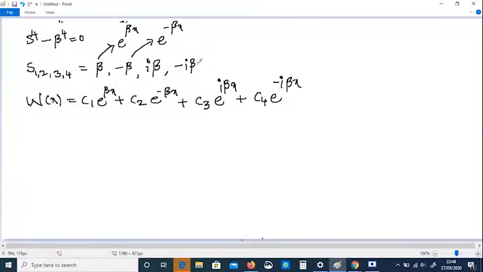Since we get 4 terms, the algebraic sum of 4 terms will give the exhaustive solution for the ordinary differential equation that we have got.